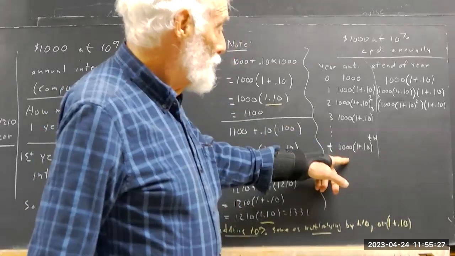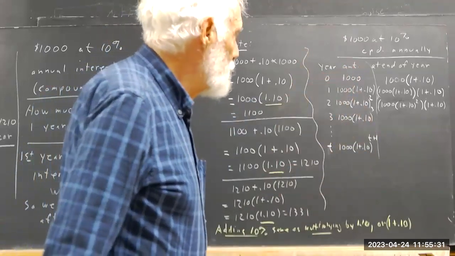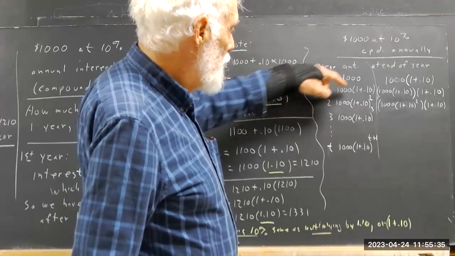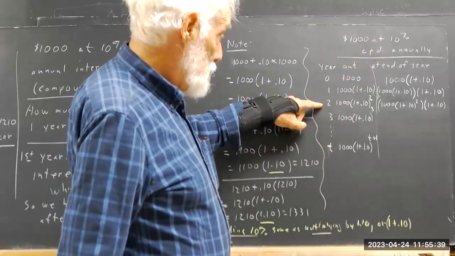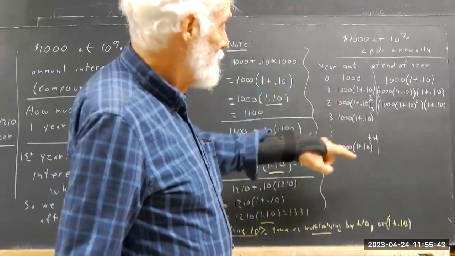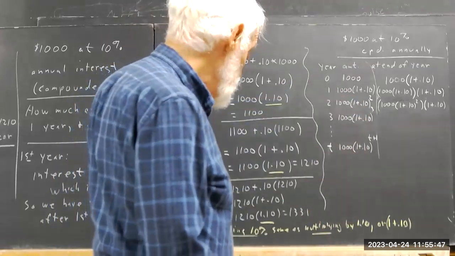But what do we have at the beginning of the year? It would just be T, because, well, think about it. In year one, how many times have we multiplied by 1.10? Once. For year two, we multiply again. We have twice, okay? And then year three, we've done it three times. After year T, it'll be T times.